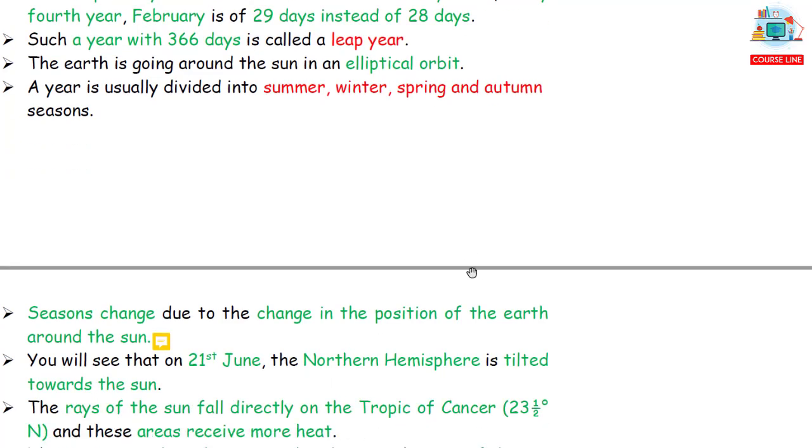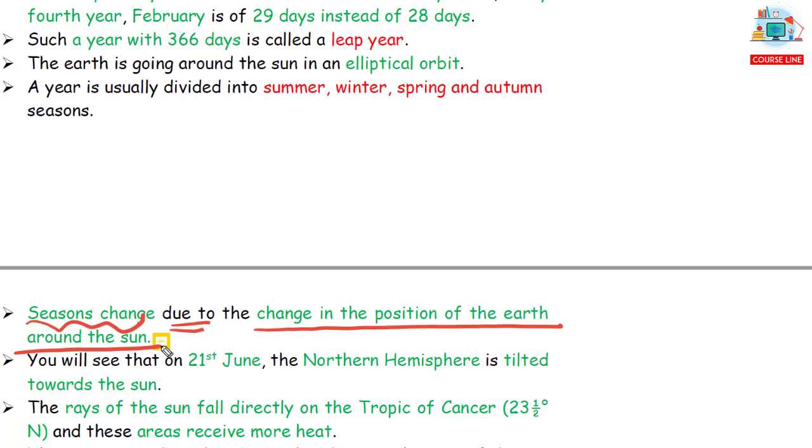why are we experiencing different seasons at different times in a year? Seasons change, or we are experiencing seasons due to the change in the position of the Earth around the sun. Earth is continuously revolving around the sun, and its position is also changing with respect to the sun.